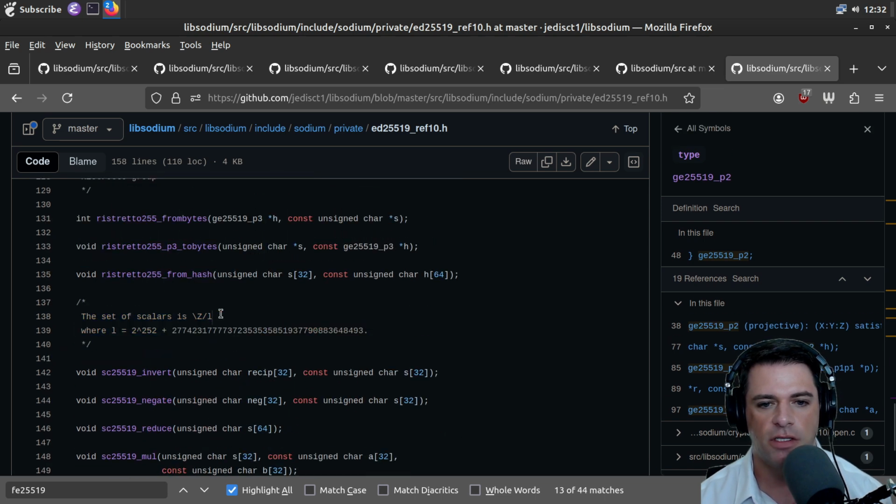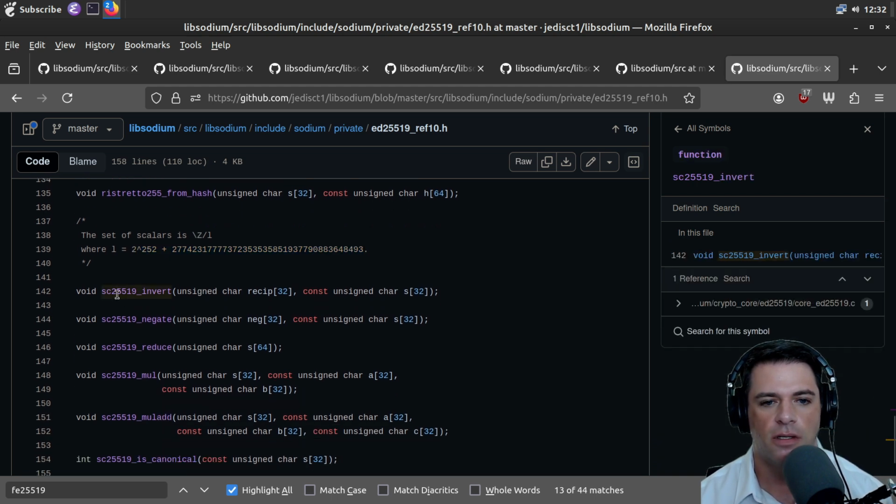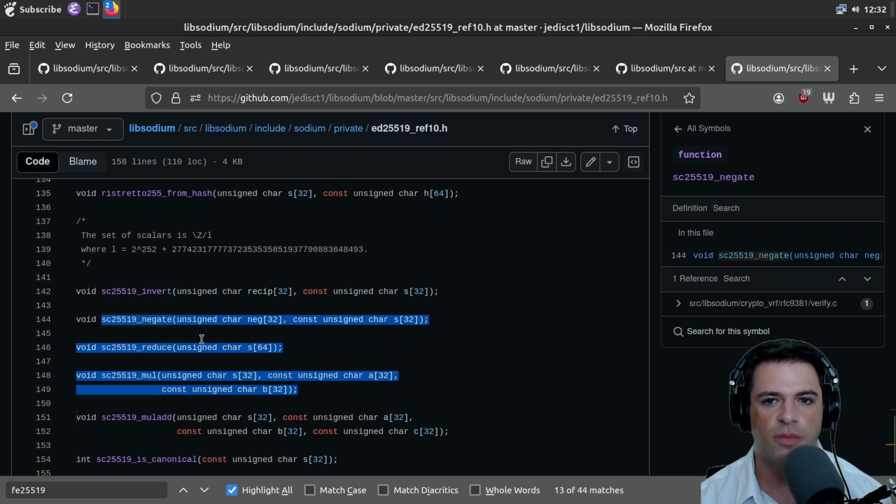The set of scalars is Z, whatever this is. Oh, I guess this is like Z mod L, where L is 2 to the 252 plus this big number. And you can invert, which should just be taking the modulo of the prime. You can negate, reduce, multiply, et cetera.